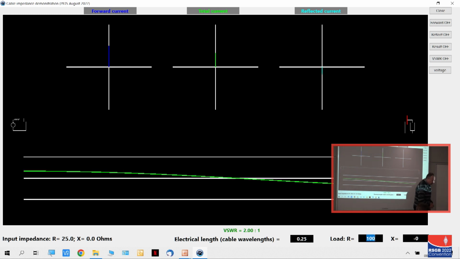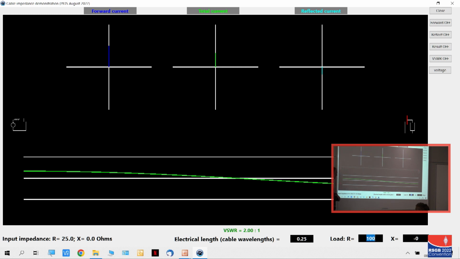Then in that case, you've got a 50 ohm cable, you've got 100 ohms at this end, the input impedance is 25. It's a nice round number. And guess what? 25 times 100 is 2,500, and the square root of 2,500 is 50.